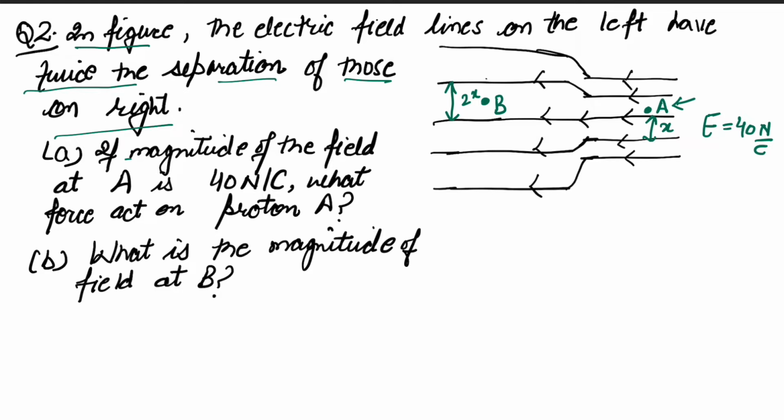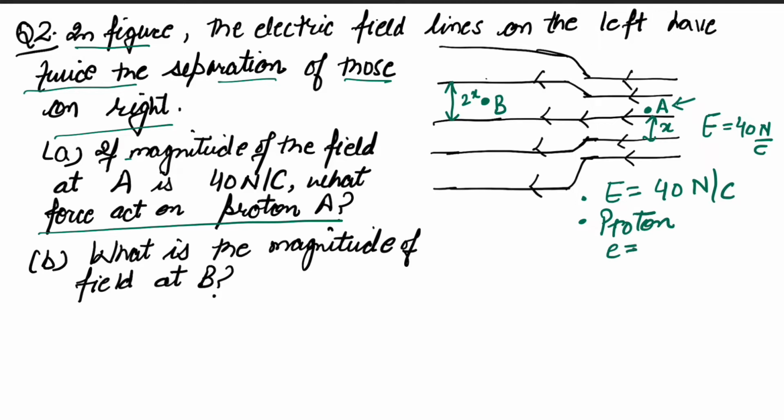So, what is the force acting on the proton? The one thing which you are given is electric field, that is 40 Newton per Coulomb. The second information which the question is giving, that you have a proton and you know that the charge on the proton is 1.6 into 10 raised to power minus 19 Coulomb, right?